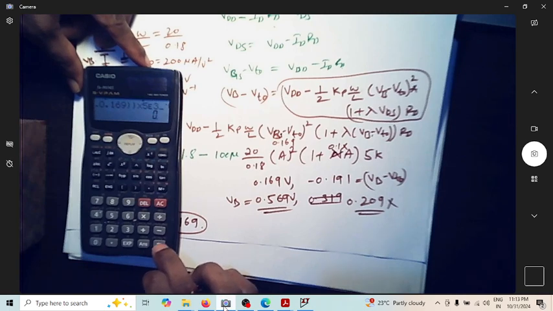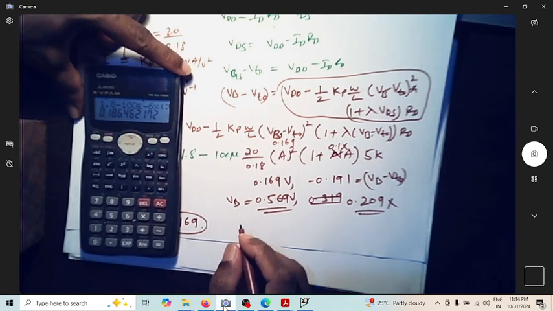If I solve for this, can you see now you have 0.186.